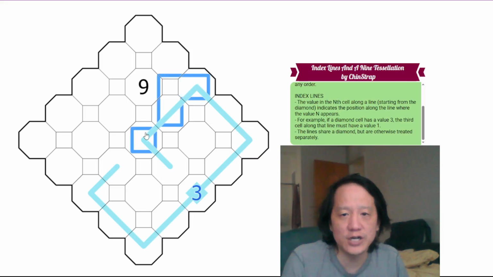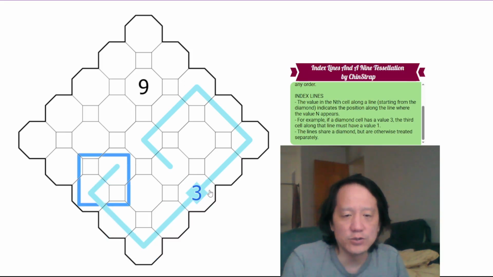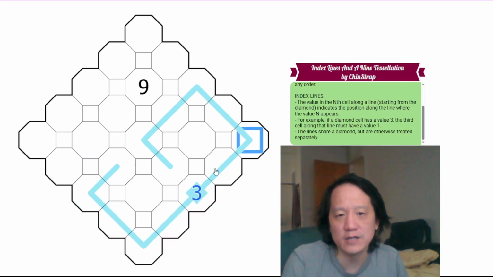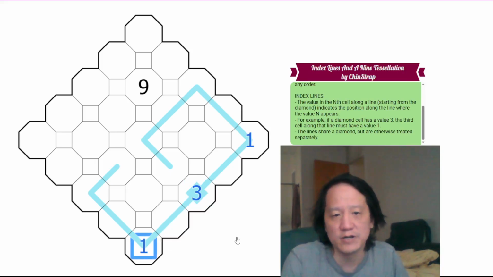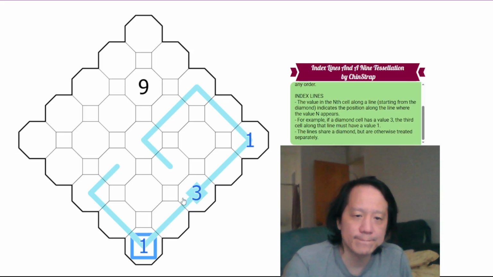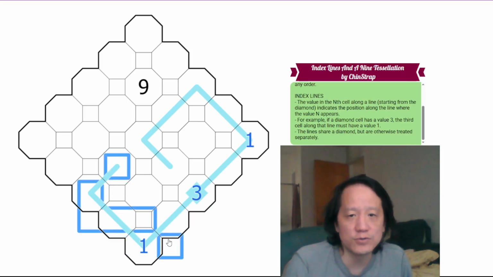And the lines share a diamond but are otherwise treated separately. So this is one line here, and this is one line here. So if this were 3, that would mean the third cell on the line has to be 1 here, and the third cell on this line must also be 1. And those are all the rules.